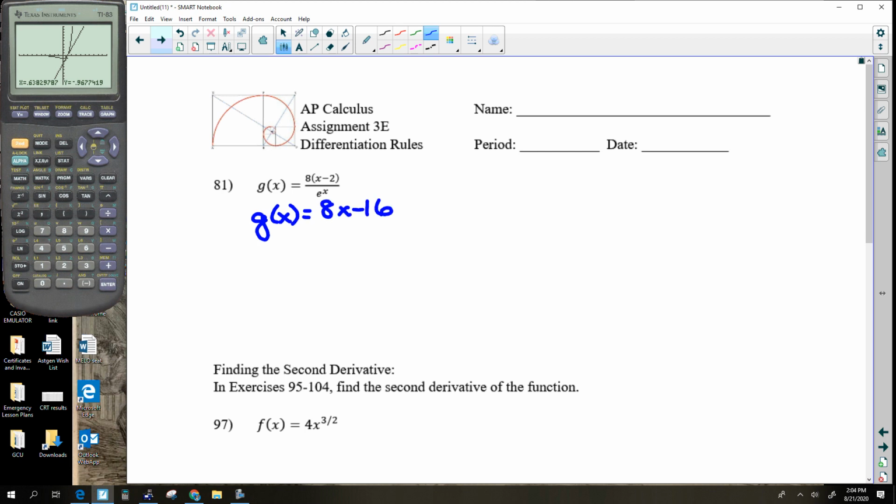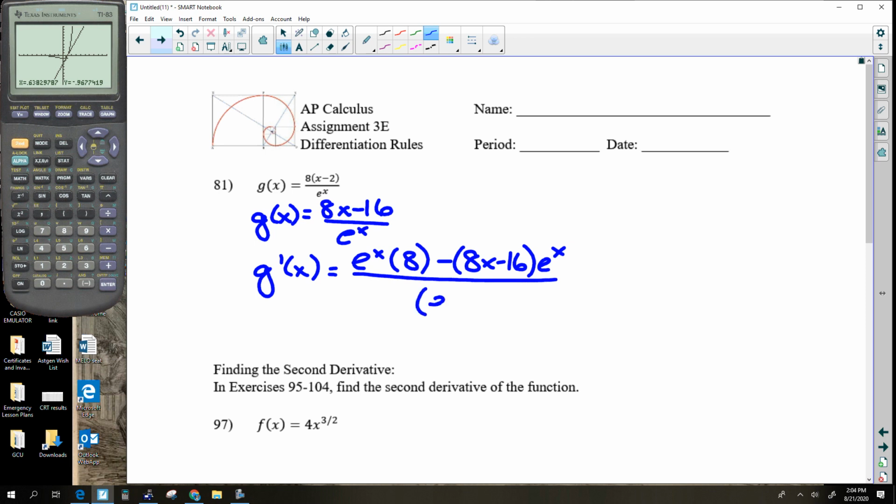Okay, again, horizontals. 8x minus 16. Okay, here we go. Derivative time. Bottoms up. Derivative of the top. Minus. Leave the top alone. Derivative of the bottom, it's still e to the x, all over the bottom squared.